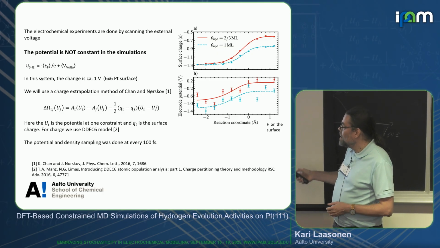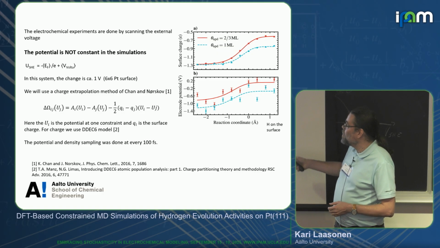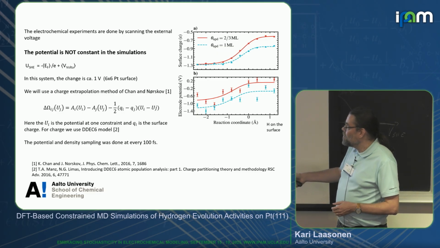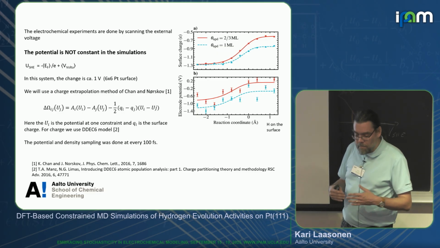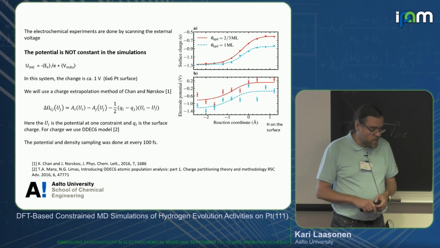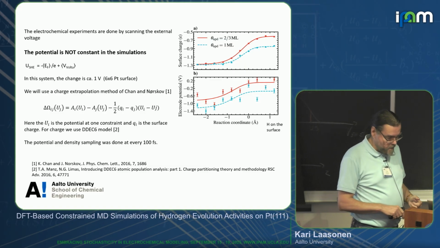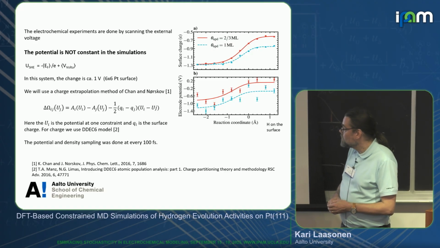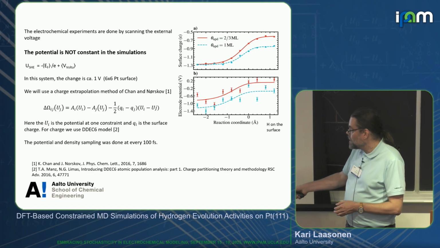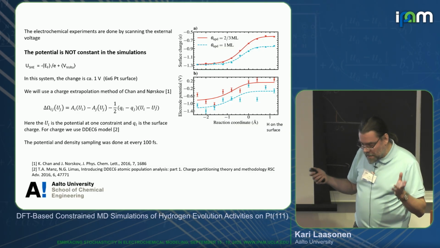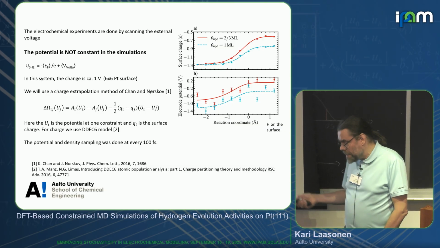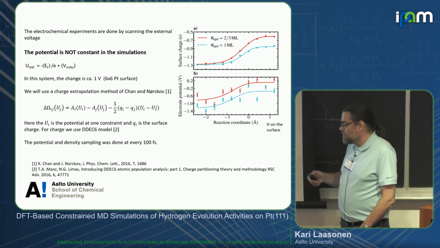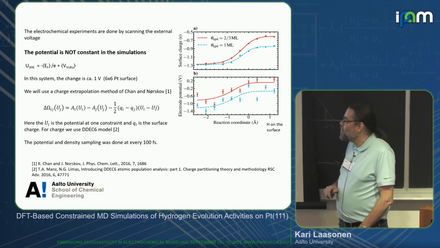Once we have the charge and the voltage at each point, we can estimate the real barriers at constant voltage based on this paper. Some people have criticized that this is not super accurate and that you should do it in other ways, but well, that's one way.